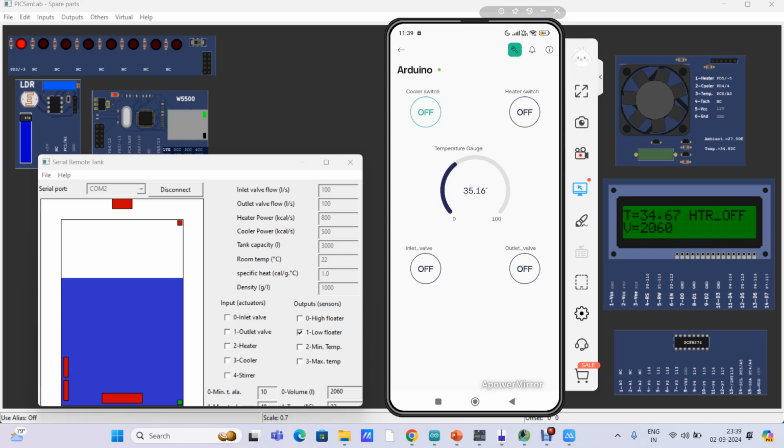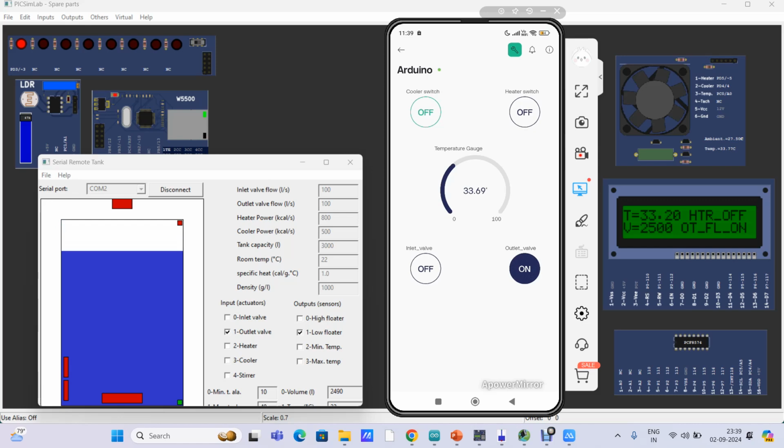Then we will be controlling the inlet valve. See, the water tank is connecting. So this is the demo for the project. Inlet valve. Outlet valve is connected.